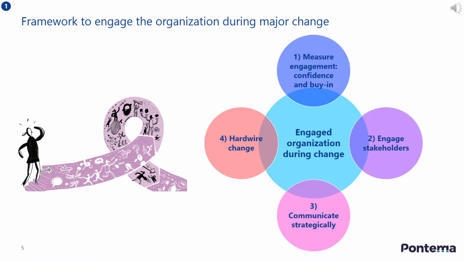The next 2 building blocks focus on a stakeholder and communication strategy. This allows the senior leadership team to engage with the organization and involve the key stakeholders, communicate the case for change, and to build employee and team morale. The fourth building block concerns hardwiring.